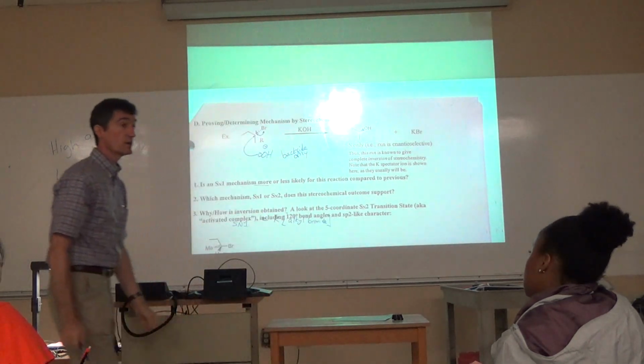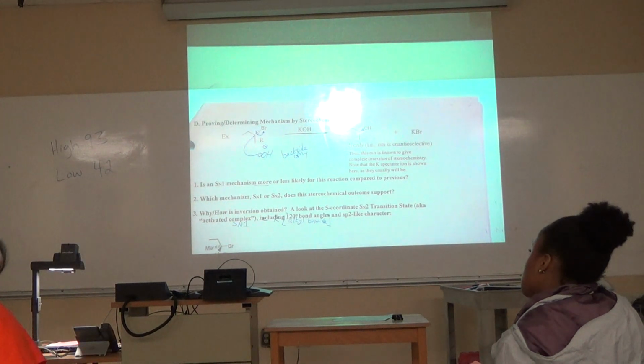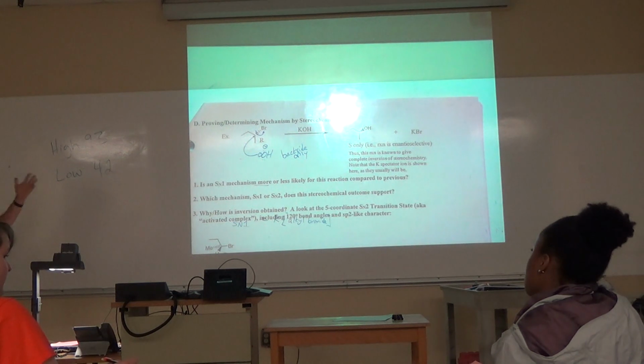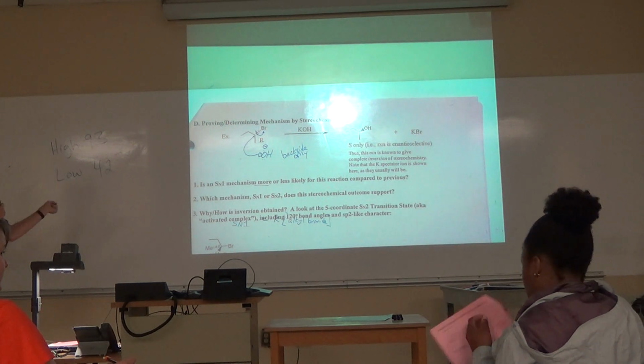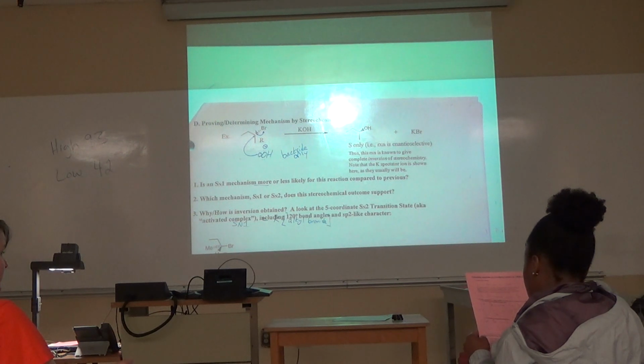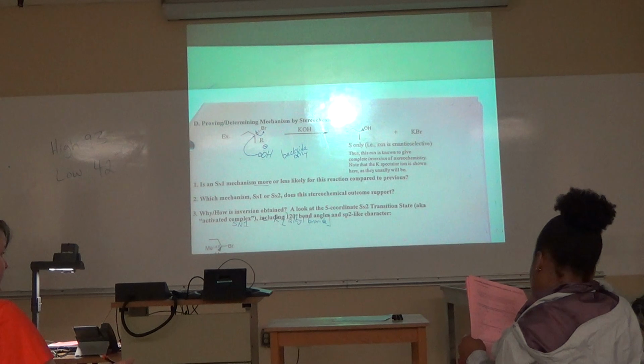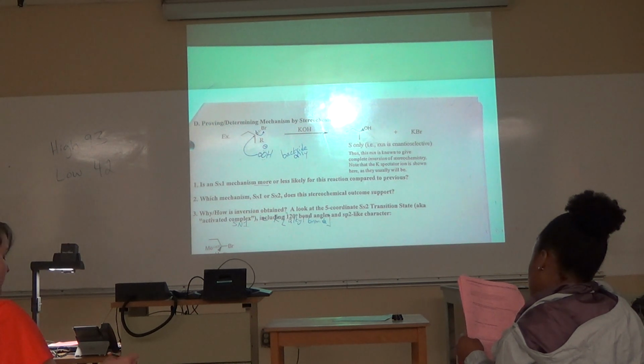Yes, SN1 would give a racemic product. Because you get attacked from both sides, and you would get some product with the OH forward, some product with the OH back. That would be R and S. And it would be 50-50, because you got a 50-50 chance of one side versus the other.